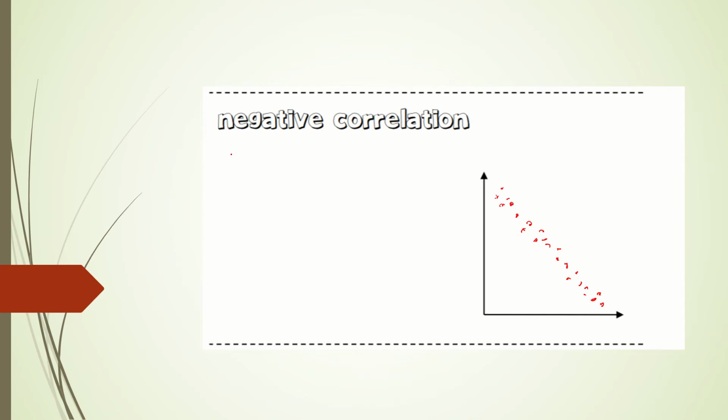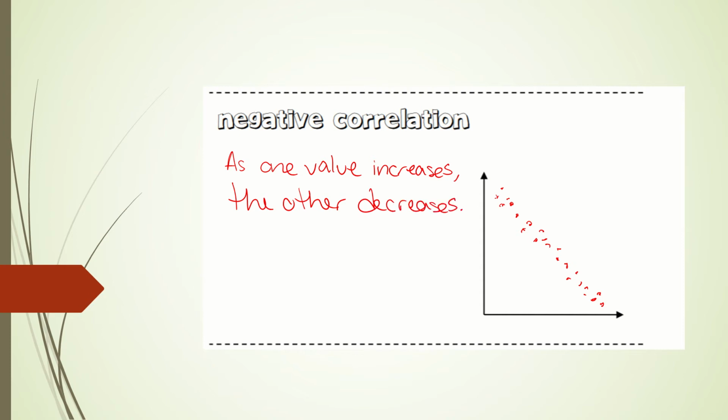So for negative correlation, as one value increases, the other decreases. So what that's going to look like is as one is increasing, one is going up, the other is going down.